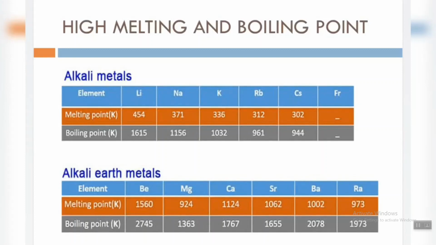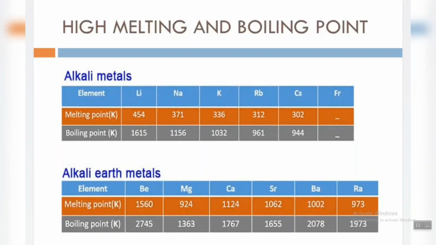Here we have two tables, for alkali metals and alkaline earth metals. As we can see, group 2A elements, alkaline earth metals, have higher melting points than group 1A elements, alkali metals, due to their smaller size, and they have twice as many valence electrons.